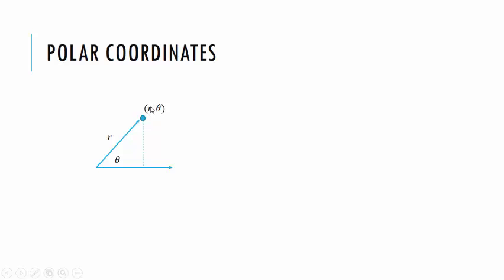Now I should mention this is not universal across all of mathematics, but in your book your ordered pairs will be r comma theta. R here stands for the distance of the point to the pole, the point 0, 0. So r you can think about as the radius of the circle which would go through that point and would be centered at 0, 0.